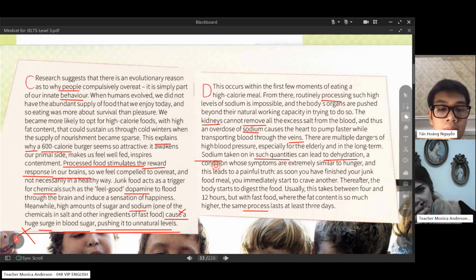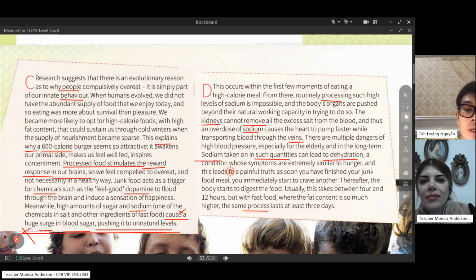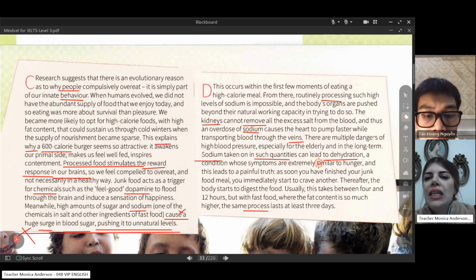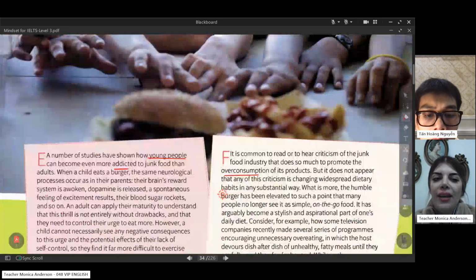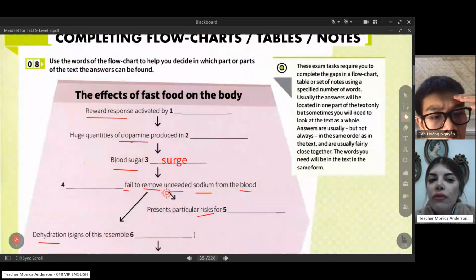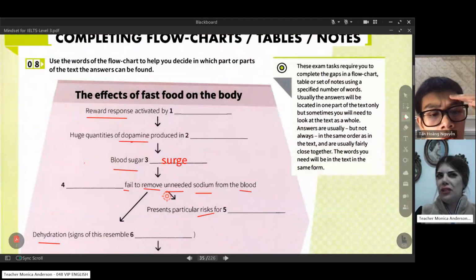Maybe lead to dehydration. Okay, so lead to dehydration. Let me check it again. Fail to remove? Okay, dehydration, fail to remove?